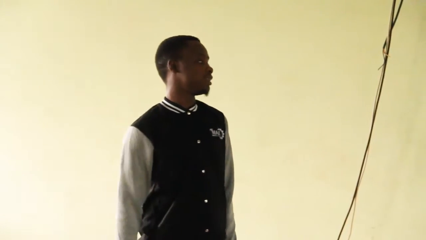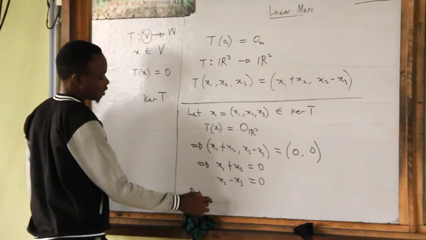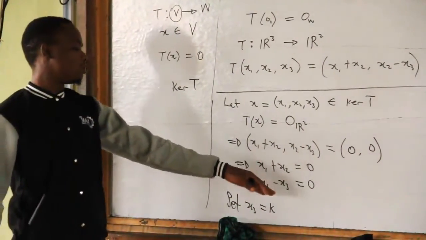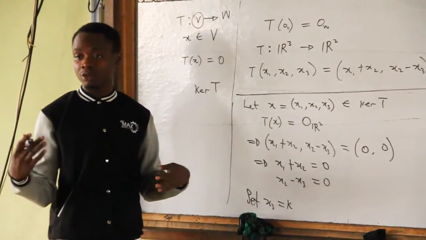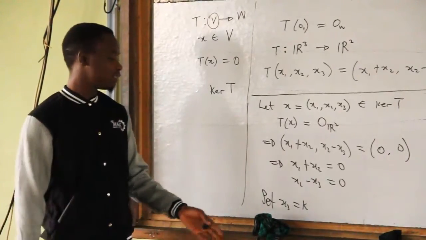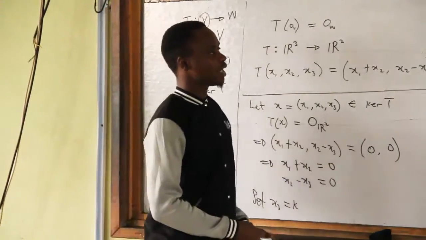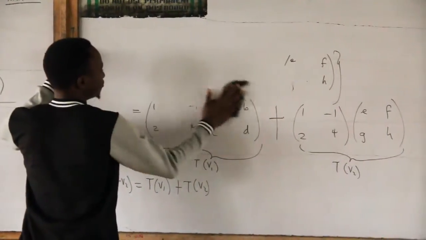That means we have how many free variables? 1 free variable. So in this case, I can set x3 equal to k. Now if there were more, maybe 3 equations and 3 unknowns, you should do row reduction to have it in echelon form so that you can have a simplified equation. But here we just have 2 equations and 3 unknowns, so you can just move on.